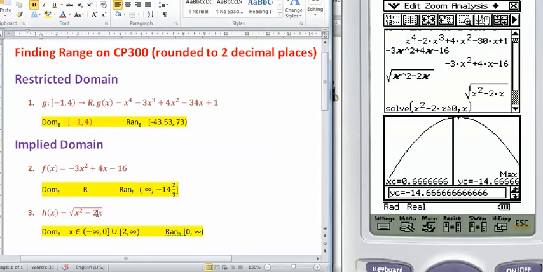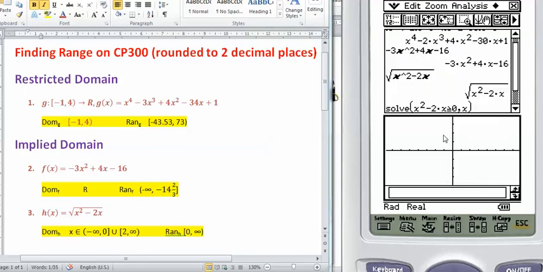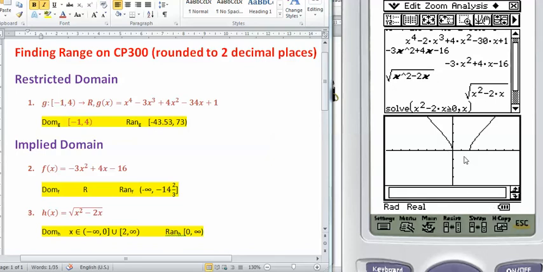My third example is the square root of x squared minus 2x. Again, I'll come back over, Edit, Clear All, OK, and I've got the square root of x squared minus 2x. There are no negative y values, so the y values seem to go from 0 up to infinity.